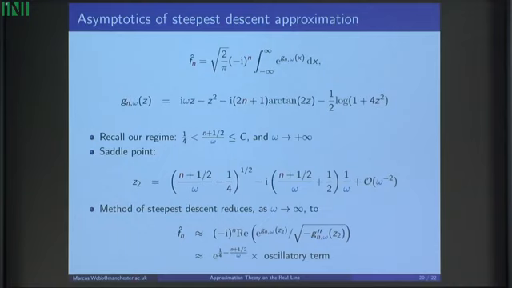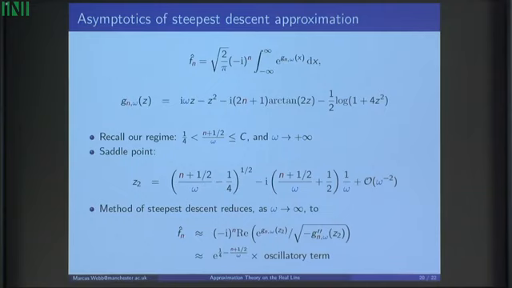So just to recap, we have an integral of this form where the phase function g is given here. Our regime is we assume that this c, n over omega, is bounded between a quarter and some constant, and we're letting omega get really large. And then we get an expression for the saddle point.